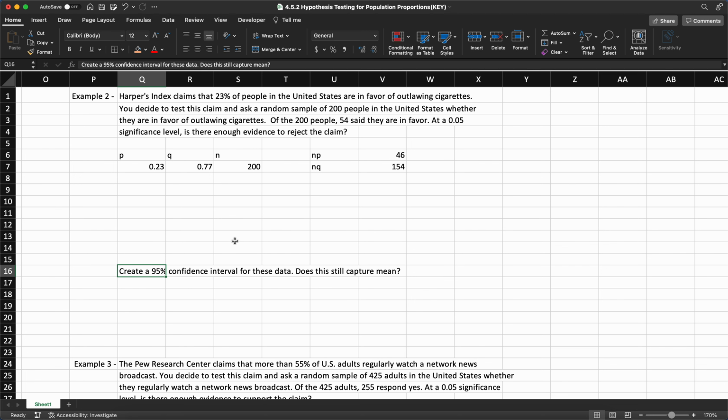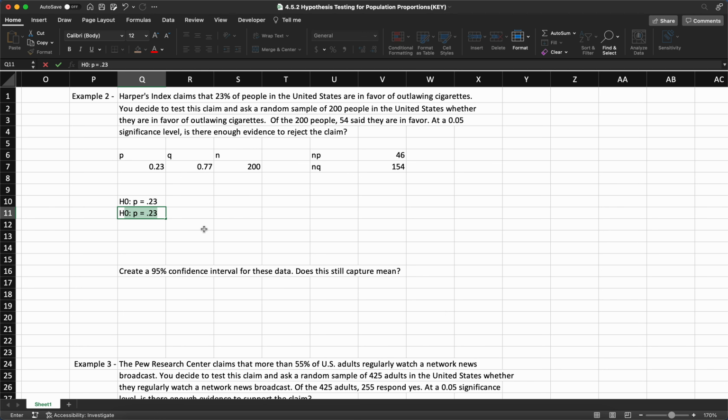So now, let's write out our null hypothesis. The null hypothesis is the original claim, and that is that 23% of people in the United States favor outlawing cigarettes. So P is 0.23. I have to write it as a proportion, not a percent.